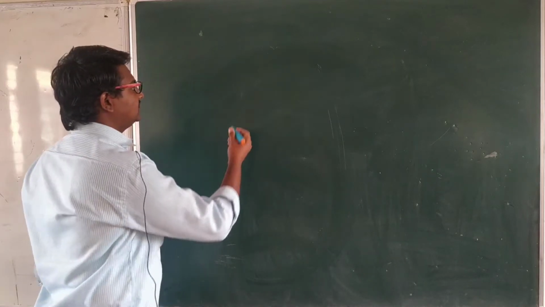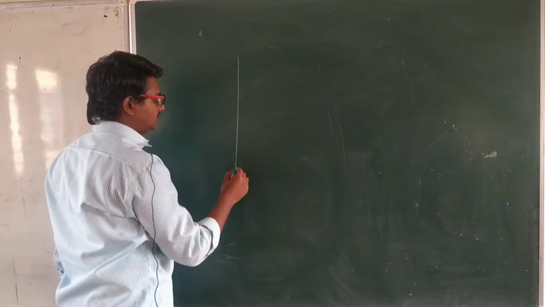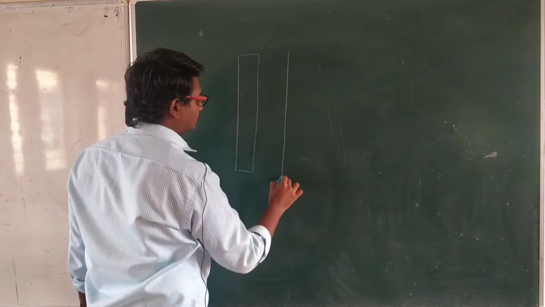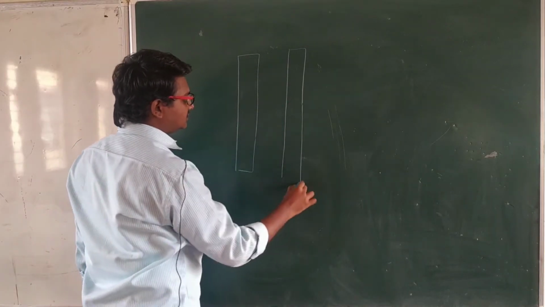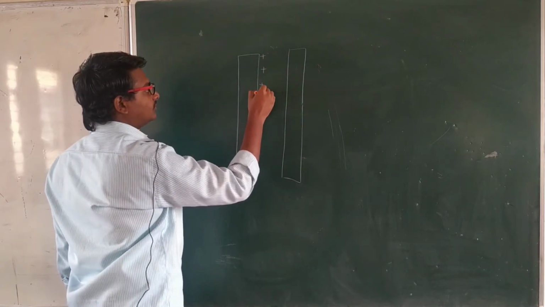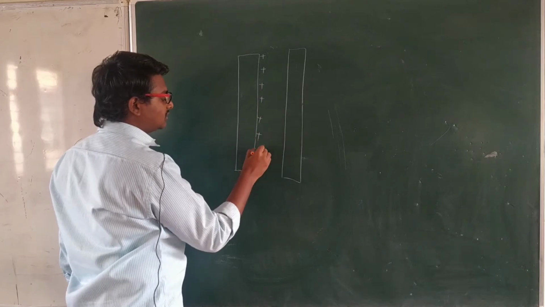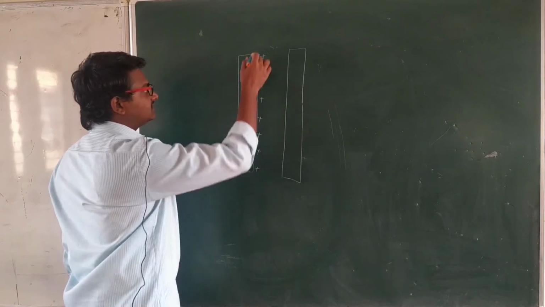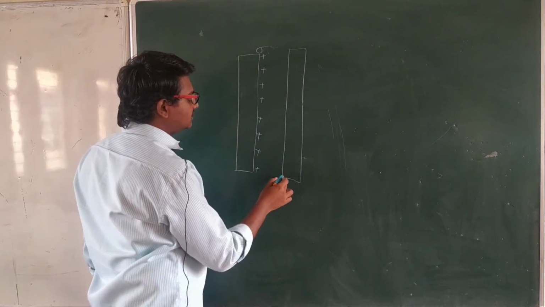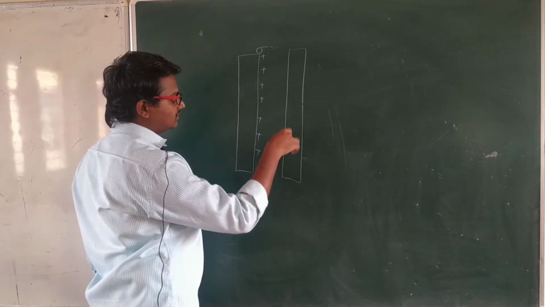Now we will see an example. Let's take two slabs like this. On one slab I am going to give positive charge on one surface with charge density sigma, and the other is uncharged.